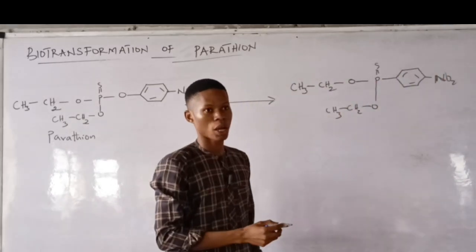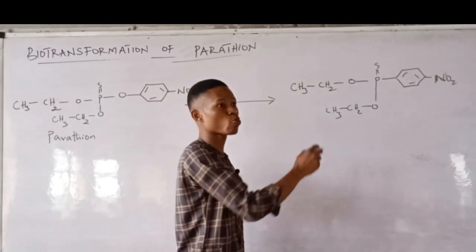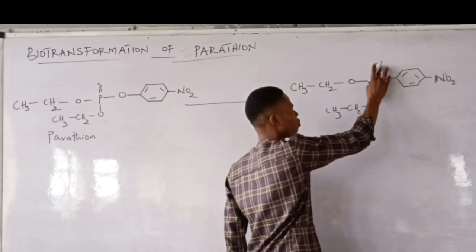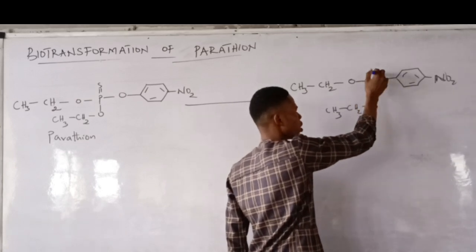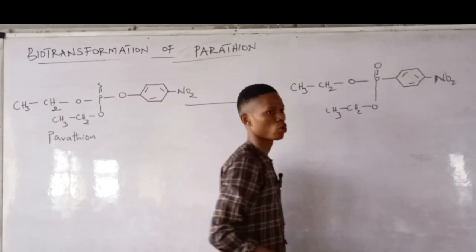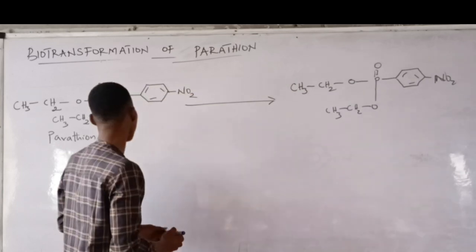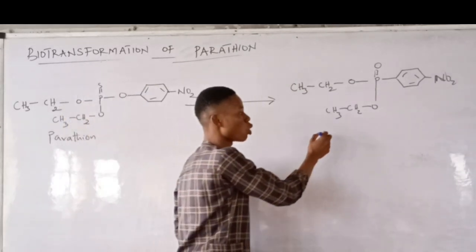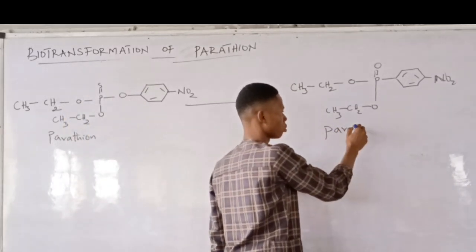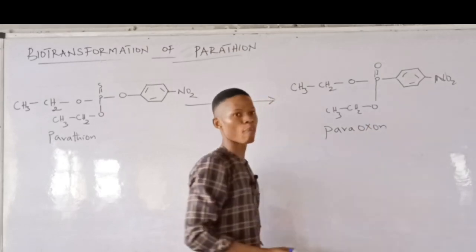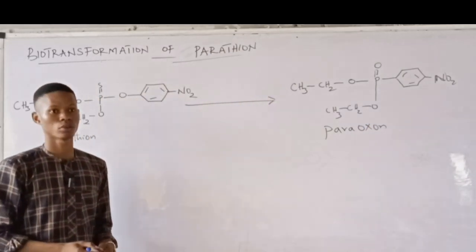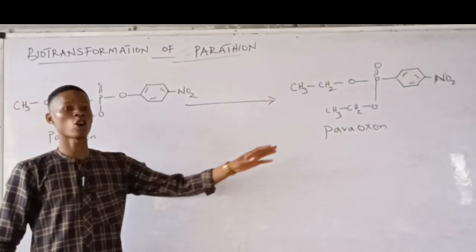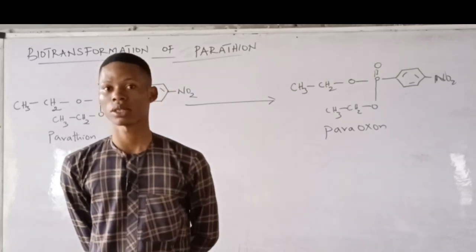This is parathion, right? Now this parathion can undergo desulfuration, removal of this sulfur group, and what we have there is O. So it's now changing from parathion to para-oxone. And this para-oxone is very toxic.